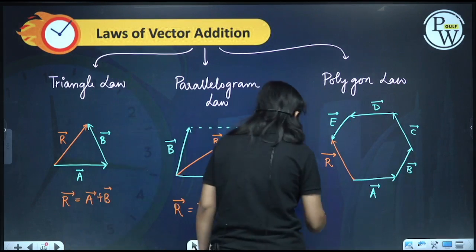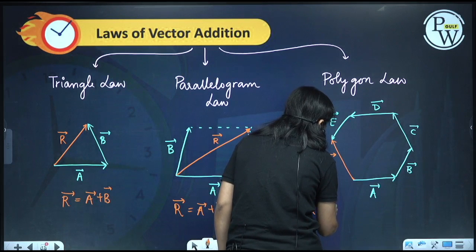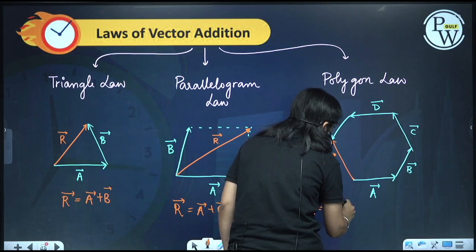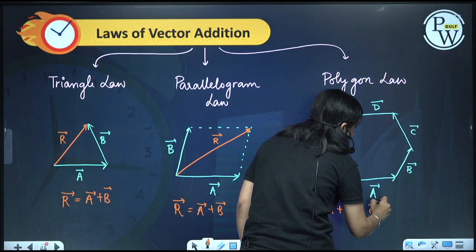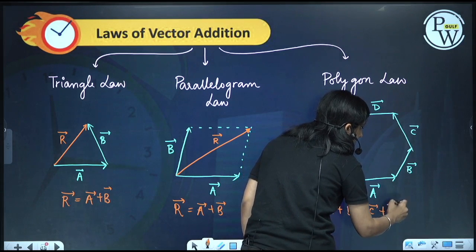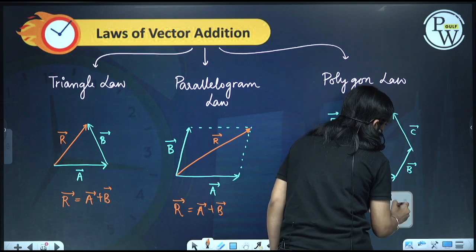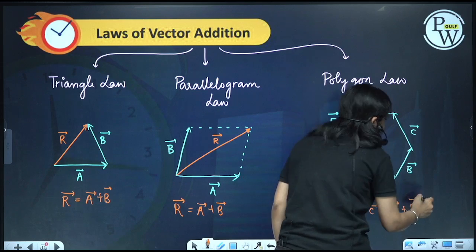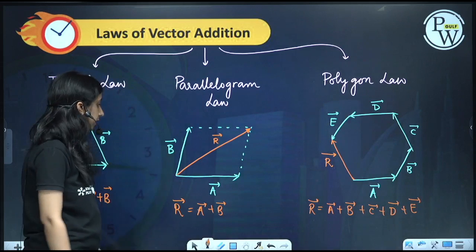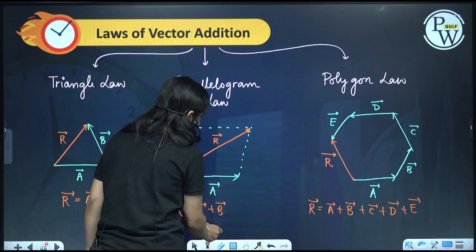So here R vector will be equal to A vector plus B vector plus C vector plus D vector plus E vector. So this closing side will give me the resultant of all the vectors.